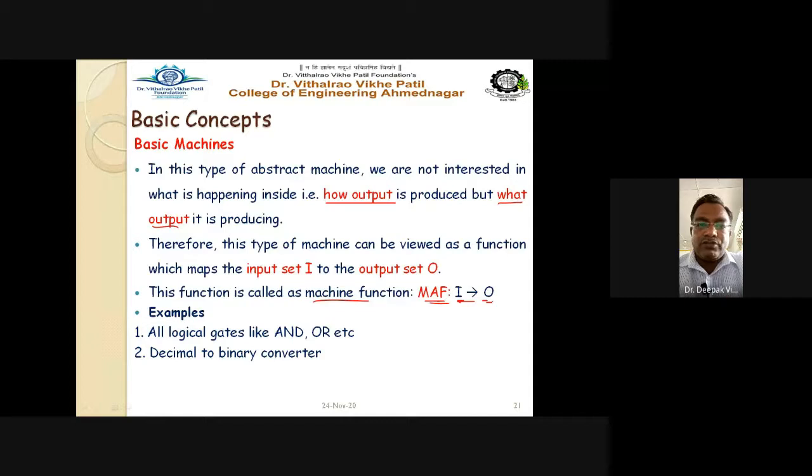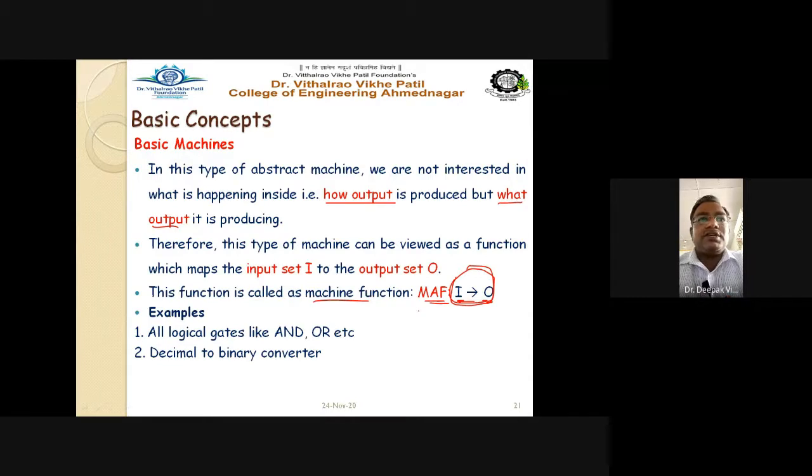Next we have to see the finite state machine. There are various other types of machines, and each machine has some function. This function defines the machine. So you can easily recognize it: if this function, I gives O, is given to you, it means input simply produces the output. We are not concerned with what exactly is happening inside the machine. Remember this point.